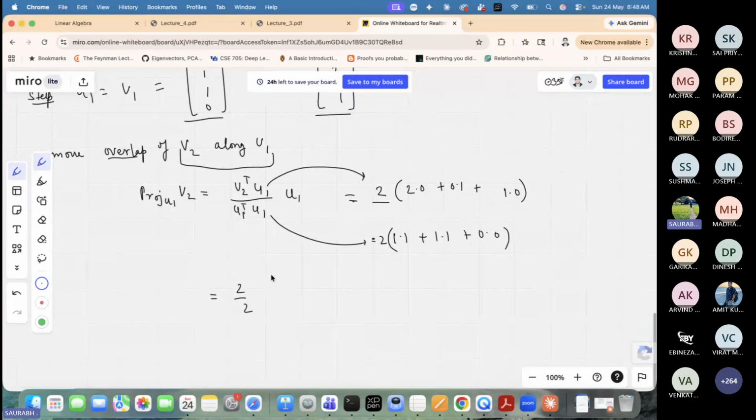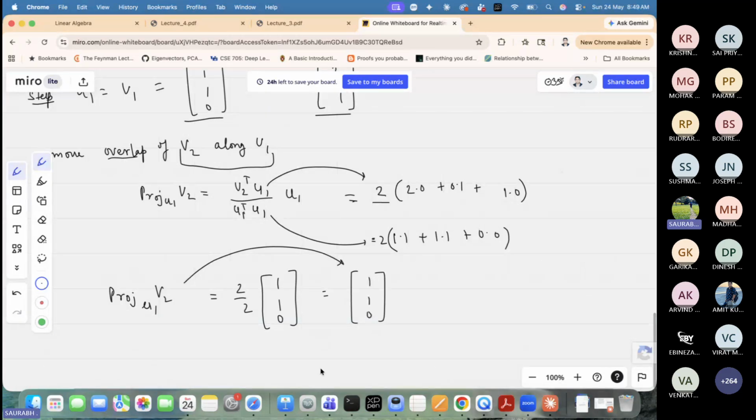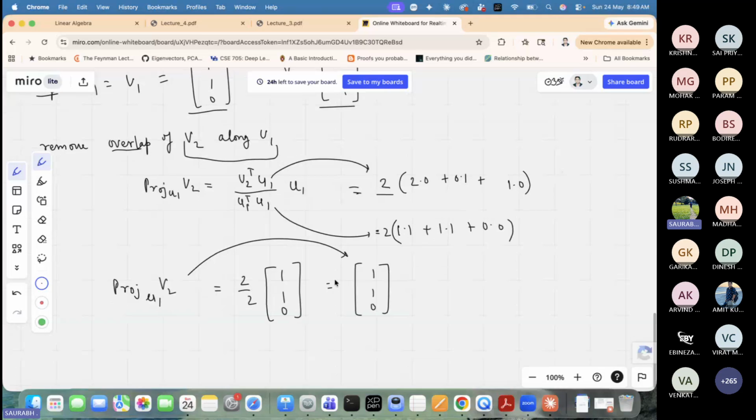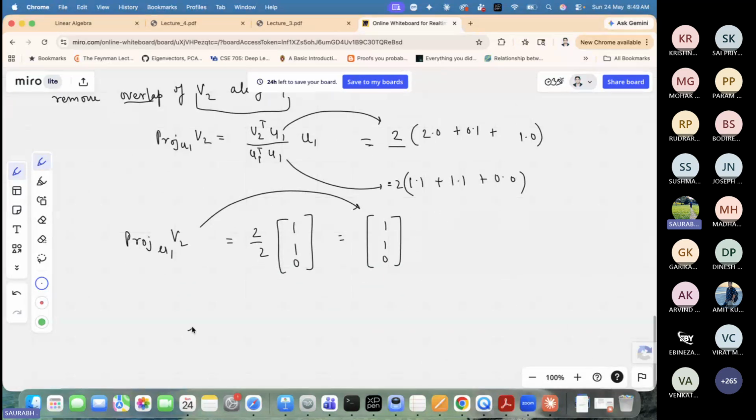The U1 vector is 1, 1, 0. So the projection of V2 onto U1 is nothing but this vector, which is 1, 1, 0. But if you have to remove the overlap, you will name a new vector U2, and say that U2 is equal to V2 minus the projection of V2 in the direction of U1.